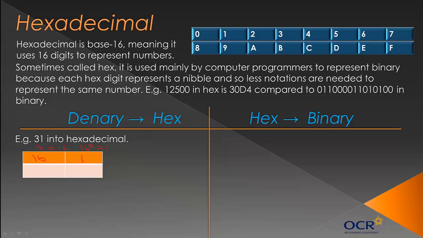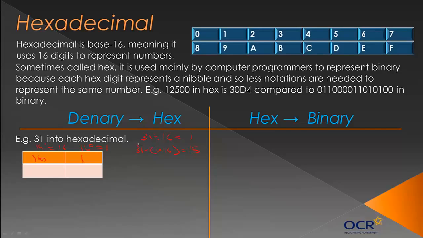So my thought process is, firstly, the first column. We've got to do 31 divided by 16, and clearly 16 only goes once into 31. If it went twice, that'd be 32. So it goes in once. To find our remainder, we do 31 minus however many we've done, and that's 1 lot of 16, and that equals 15.